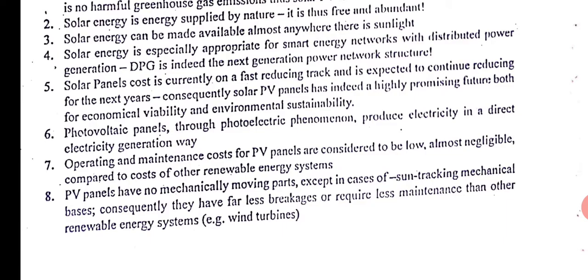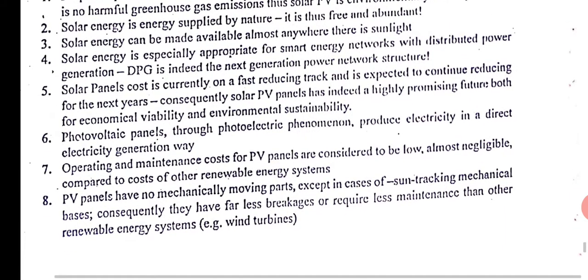Conventionally, you have very big power plants supplying power even to remote places. But with distributed power generation, you will have small generators like solar or wind generators, also supplying to the local areas. This local area supply is called distributed power generation. It is not centralized, but distributed.